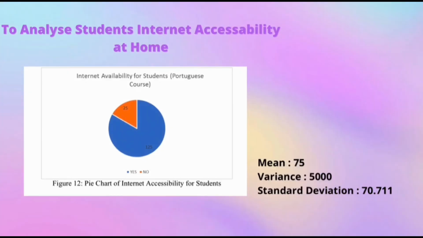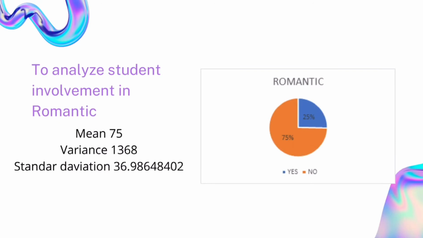This figure shows the pie chart of students involved in a romantic relationship. This pie chart has yes or no for the students. For yes, 25% of students say yes, which consists of 38 people. And for no, it is 75%, which is 112 people.